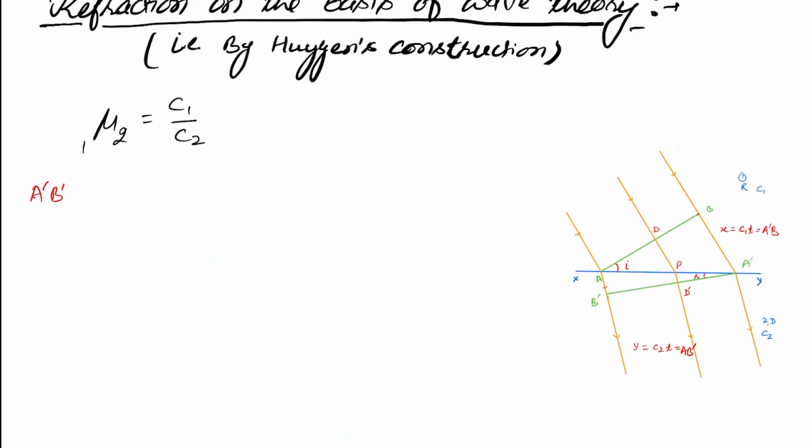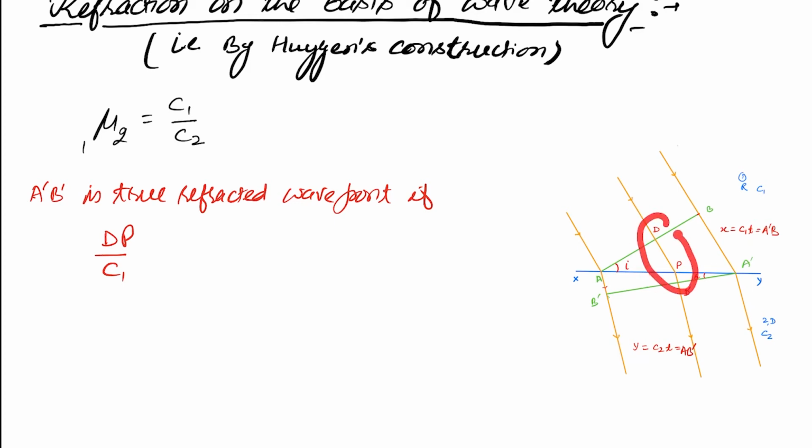Now A dash B dash is the true refracted wavefront. dP by C1, since this point is in medium 1 and in medium 1 the velocity is C1, so we divide by C1, plus PD dash for medium 2, so we use PD dash divided by C2, that is equal to BA dash, and since it is traveling in medium 1 where the velocity is C1, this will be equal to BA dash divided by C1.